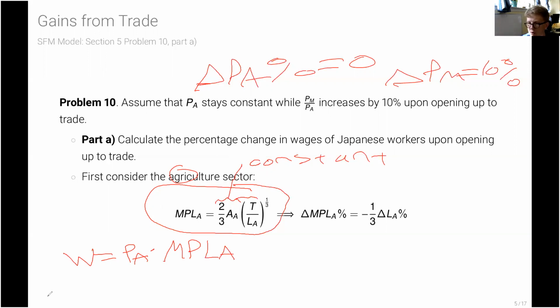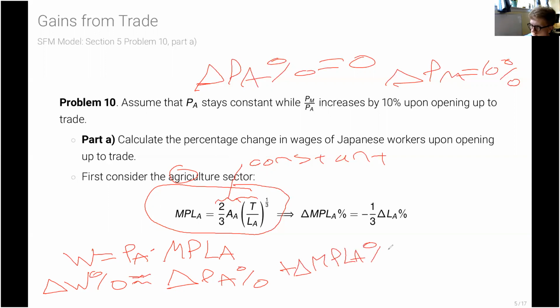And so if we want to figure out what the percentage change is going to be in wages of workers in agriculture in Japan, well then the percentage change rules tell us that the percentage change in the wages of workers in agriculture is going to be approximately equal to the percentage change in prices of agriculture plus the percentage change in the marginal product of labor in agriculture.